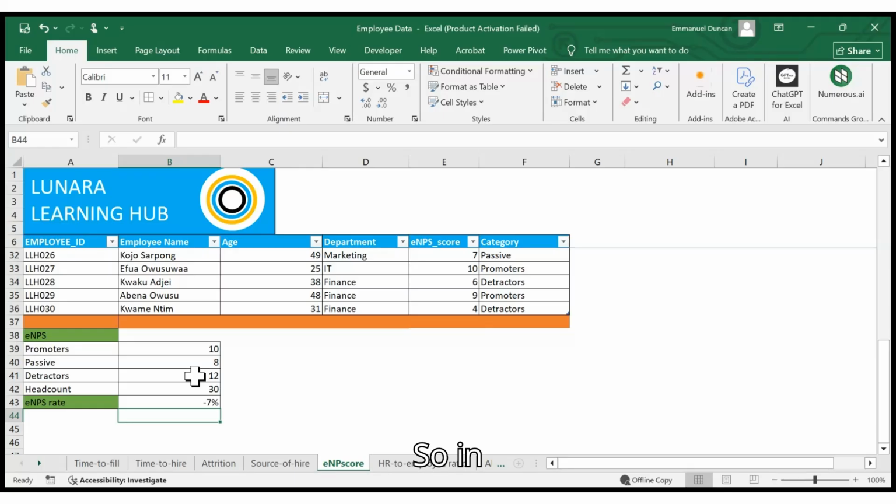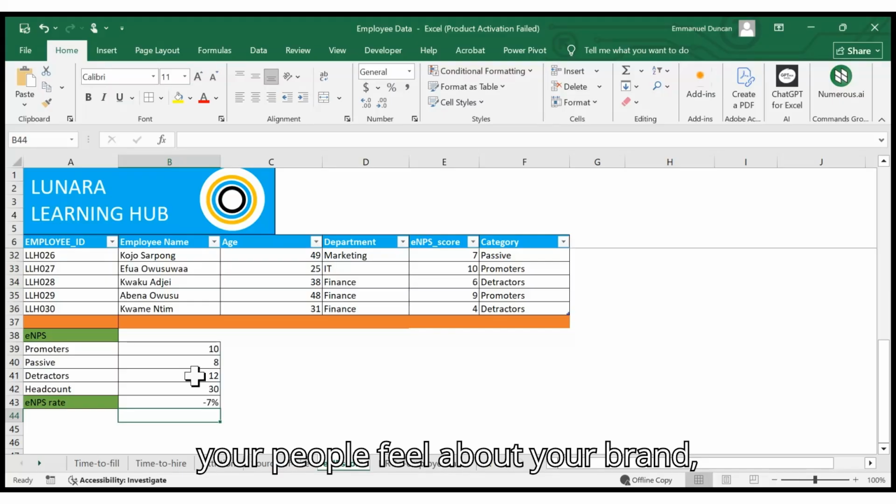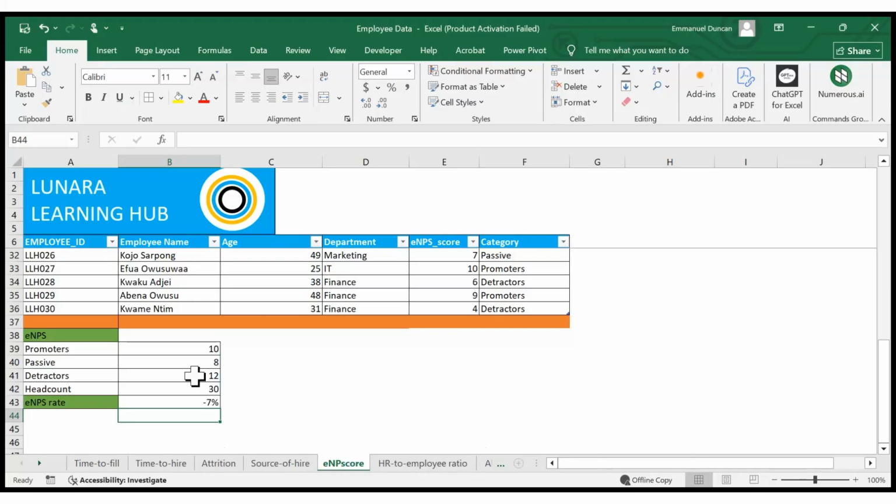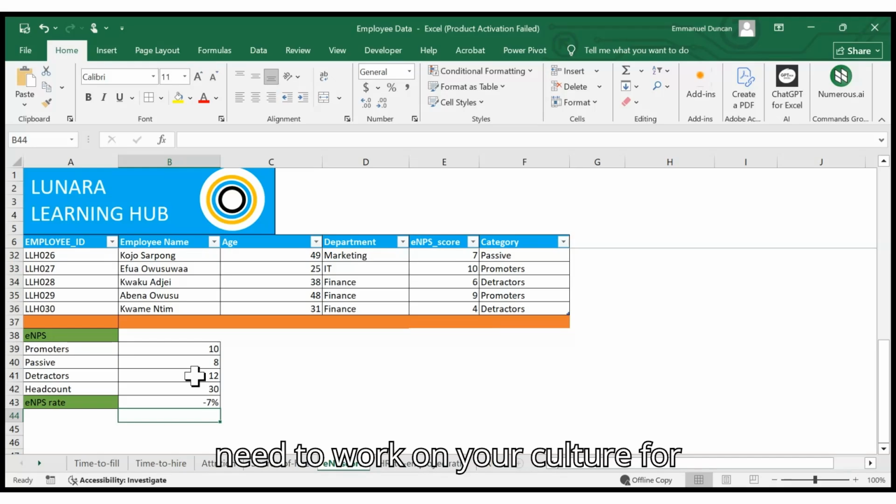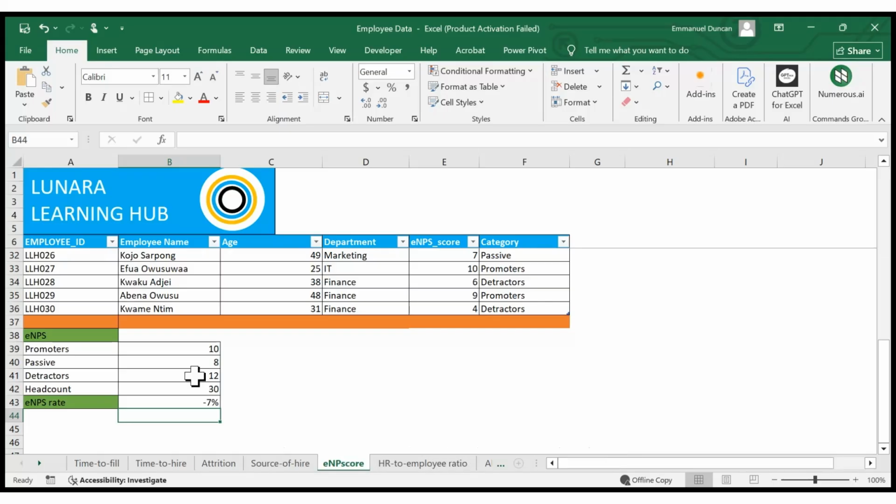So, in going further to know how your people feel about your brand, you can make sure your culture is being reiterated, is re-envisioned. You need to work on your culture for them to have a better experience of your brand, not just working for a living.